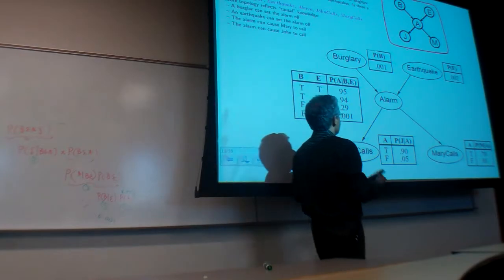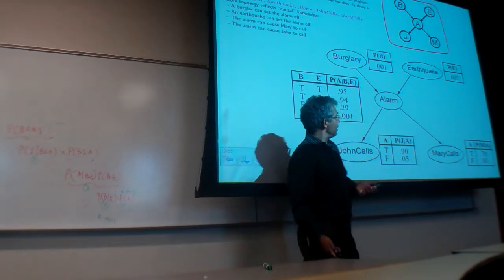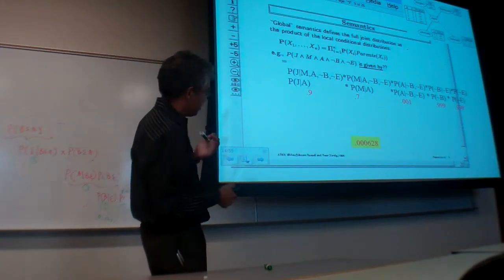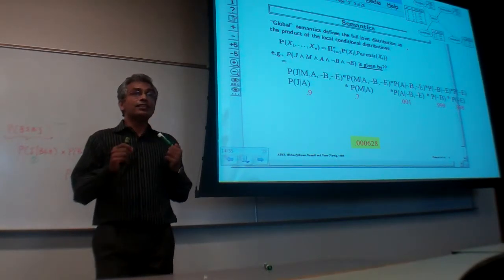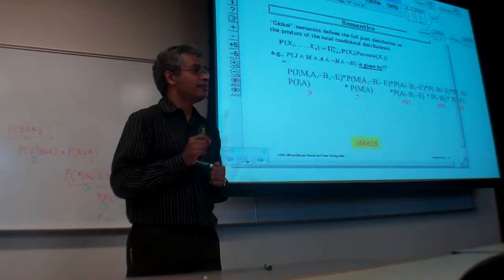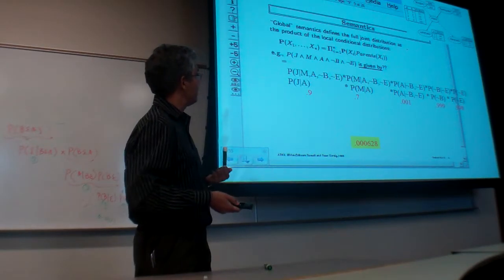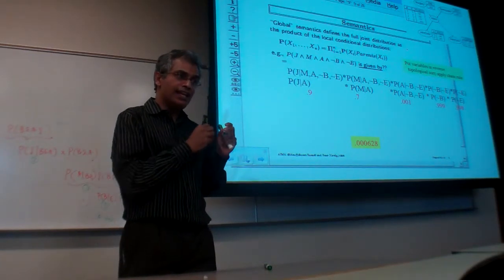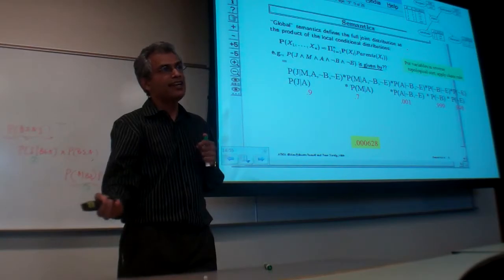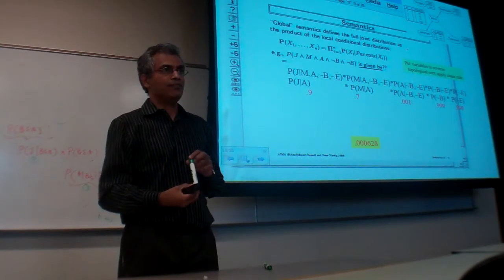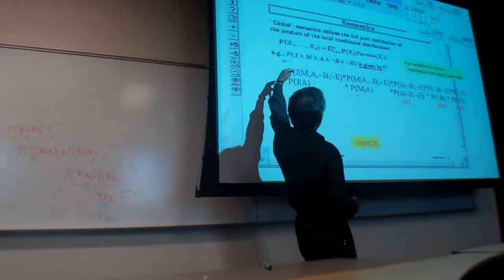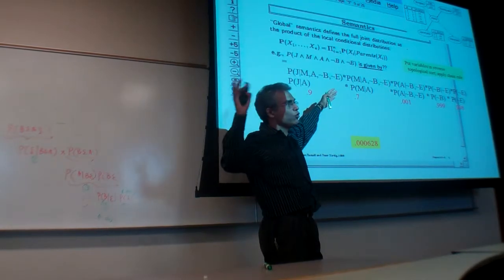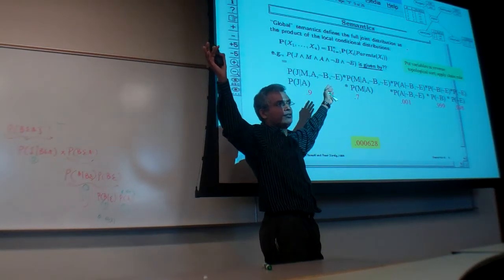Anyway, basically the global semantics is that the full joint distribution is defined in terms of just the numbers that are available in the conditional probability tables. The way you define it is that any node is independent of its non-descendants given its immediate parents. First I'll do the first step, which is just writing using the chain rule, which always holds irrespective of the network.